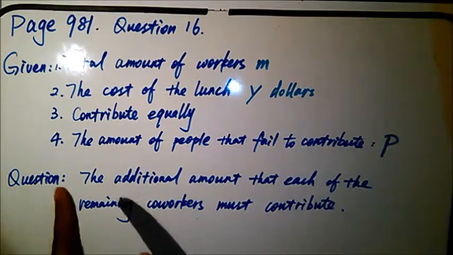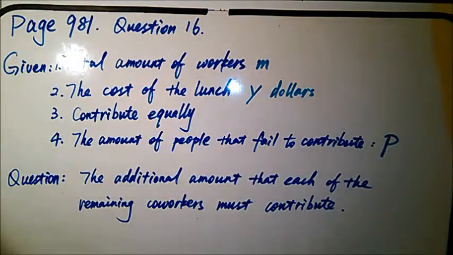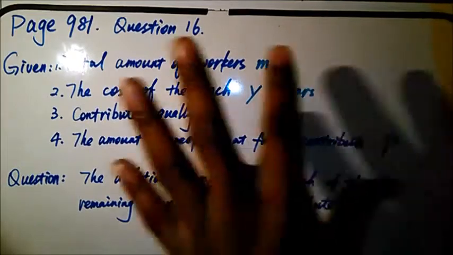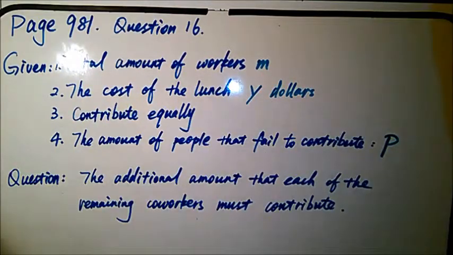Another condition is that the number of people who fail to pay up is P. So these are the given parameters that we have to solve this problem, and we can solve it.